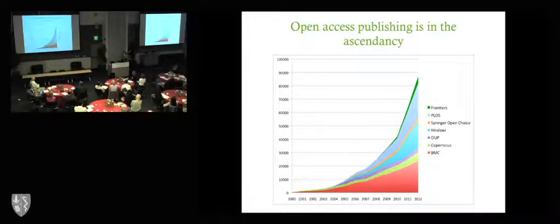So it's still only about, I think, 10% in 2013 of the literature that is going to be in frank open access journals. It's still a small portion of the literature, but it's growing rapidly, and the publishers that are using this model are successful financially. Okay, and those are the two crucial points.